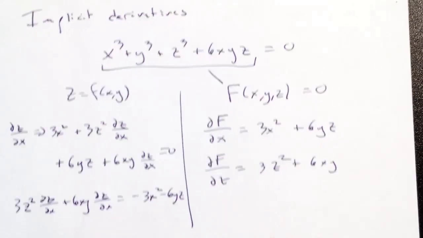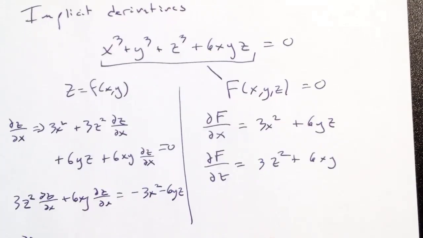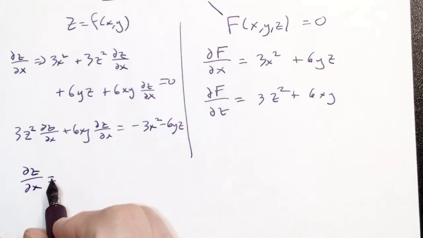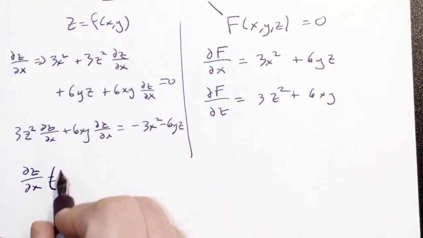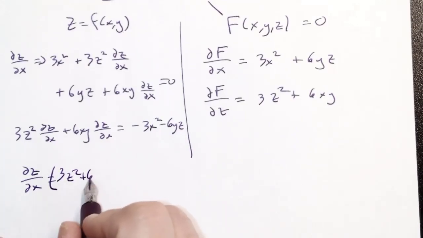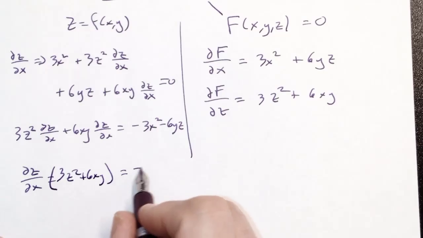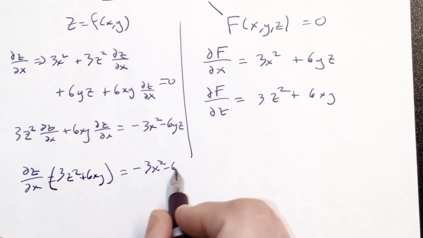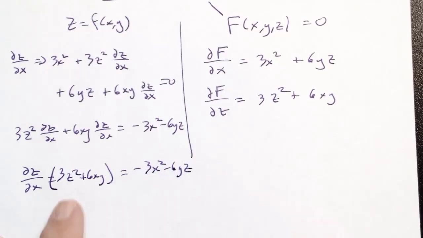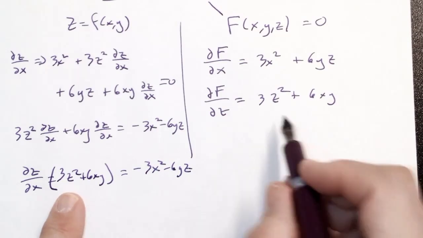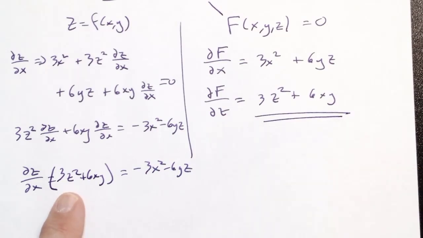And then if I factor out the dz dx, I get 3z squared plus 6xy. Hang on a second. 3z squared plus 6xy, minus 3x squared minus 6yz.